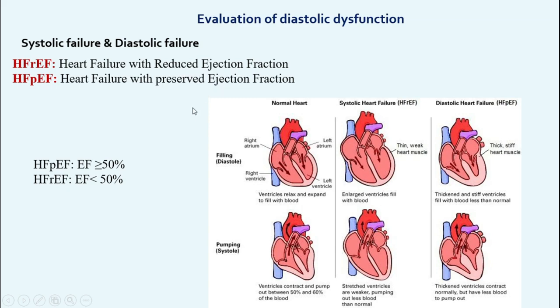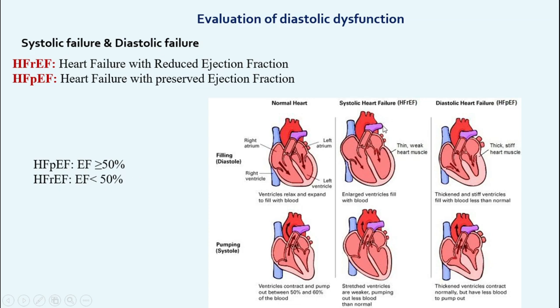In this group, the pumping doesn't have a problem and ejection fraction stays at a normal level, and we call it heart failure with preserved ejection fraction. The cutoff for this classification for EF, or ejection fraction, is 50%.